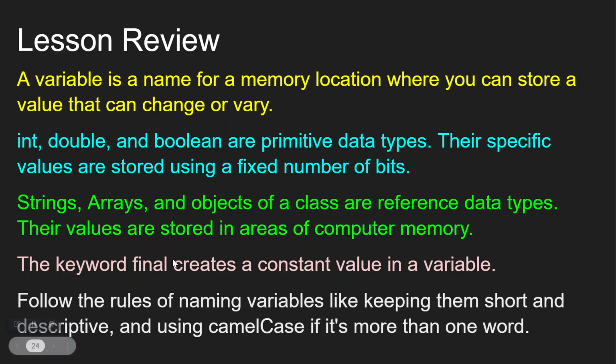The keyword final creates a constant value in a variable. And then, of course, anytime you're writing a program, make sure you follow the rules of naming variables, such as keeping them short and descriptive, and using camel case if it's more than one word.